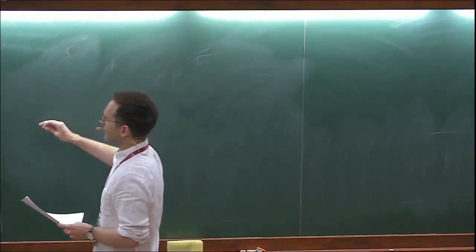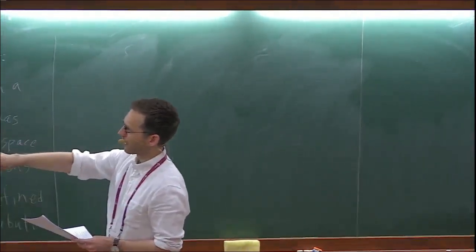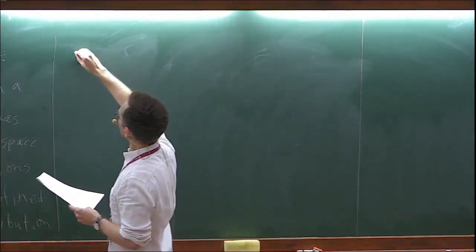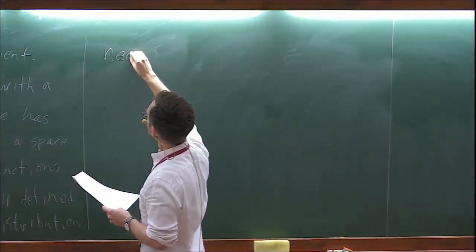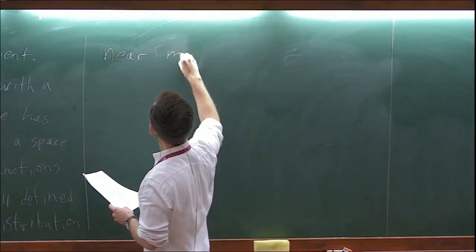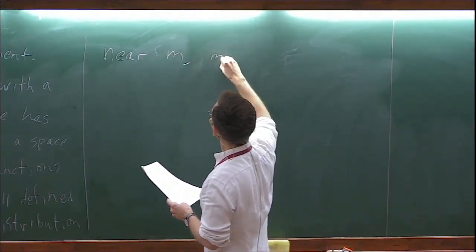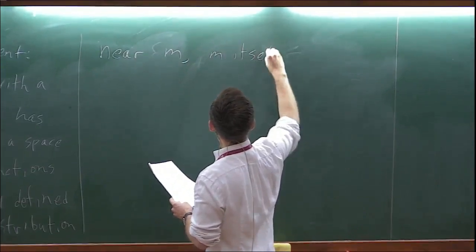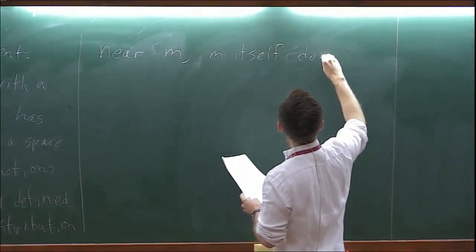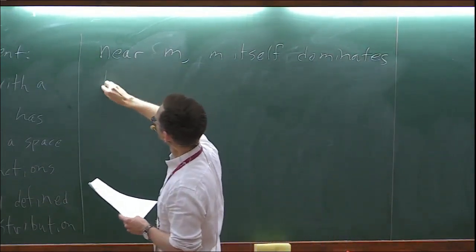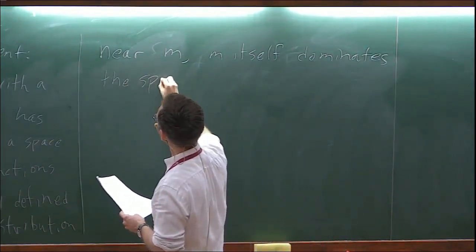But now, specifically, what is going wrong with our treatment here? What's going wrong is that near the small object with mass m, m itself dominates the gravity, or the space-time.